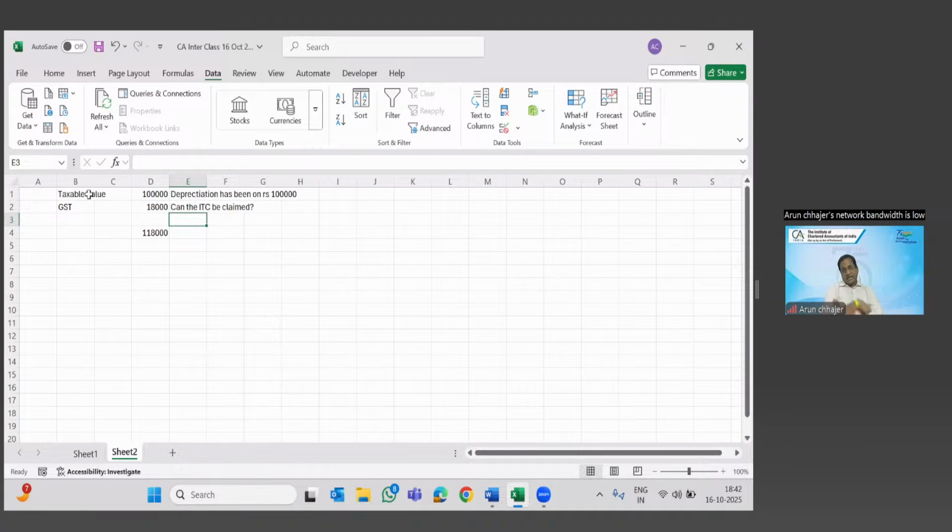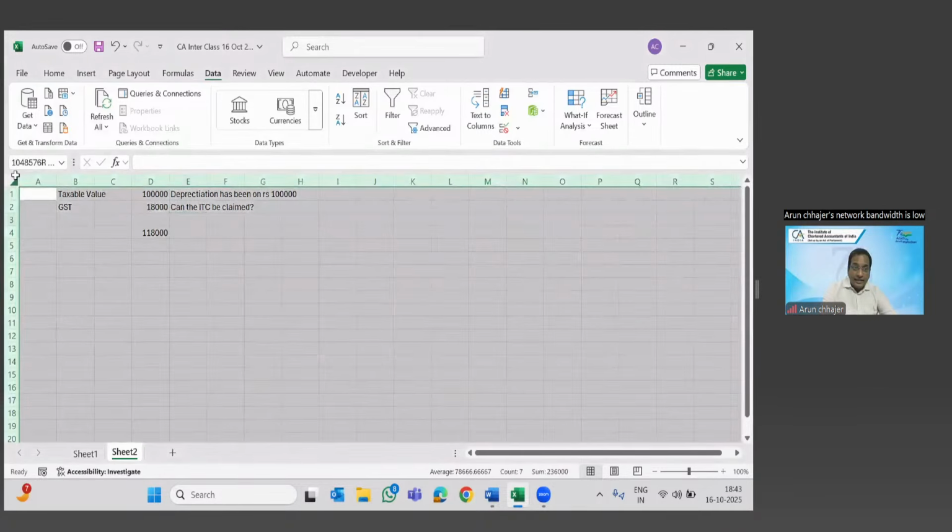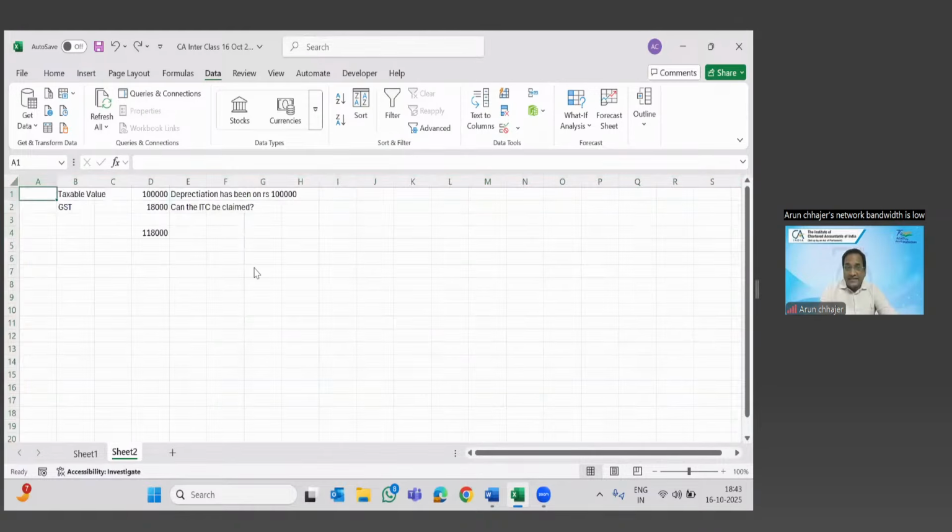Will ITC be available in this case? So Kuldeep, according to you, ITC will not be available in this case, or ITC would be available? Let me clarify this point for everyone. Tell me, will the ITC be available or not?